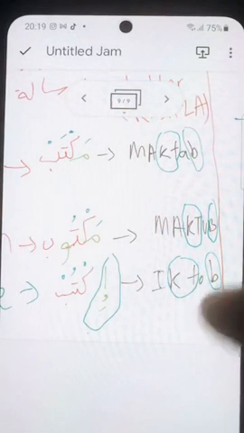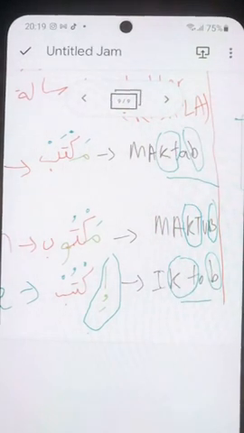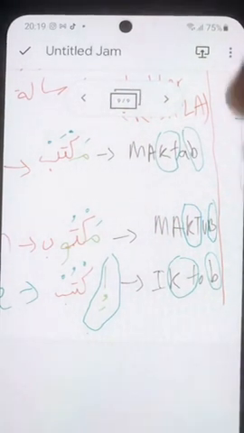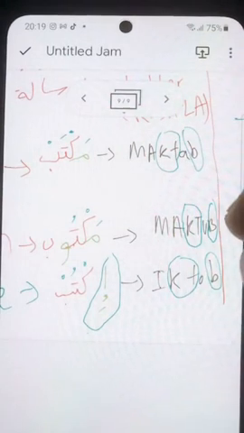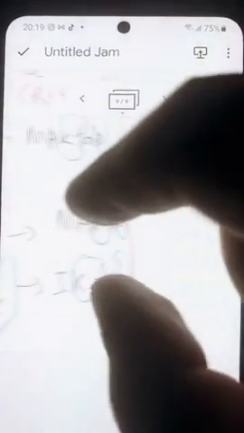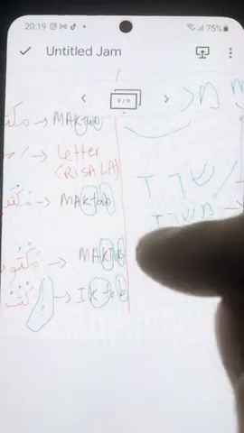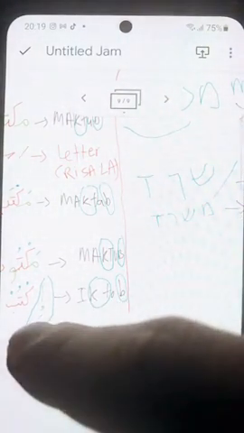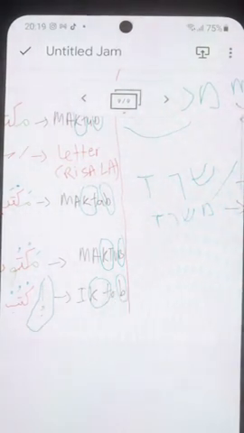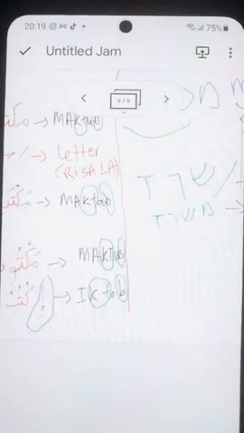So how do we write them? Sam, the first one that is in writing, you would add... nice.